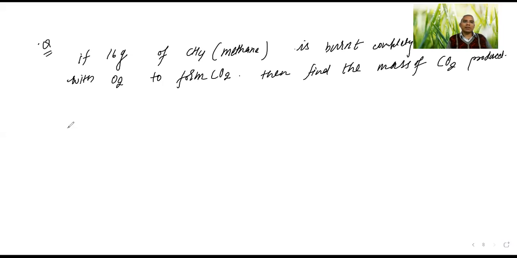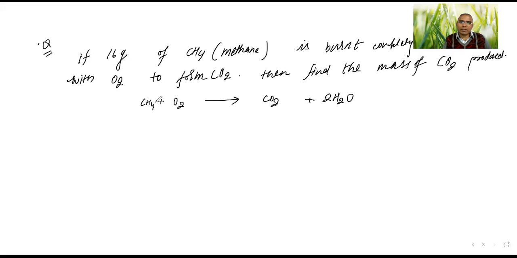The equation is given. I will teach you how to balance the equation after 1-2 classes, but by the way, here the equation will be given. Here CH4 is there and O2 is there. To balance: one carbon is there, so one carbon dioxide, and 4 hydrogen is there, so it is going to be 2H2O.